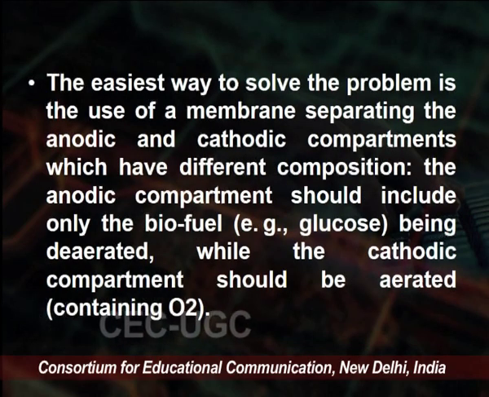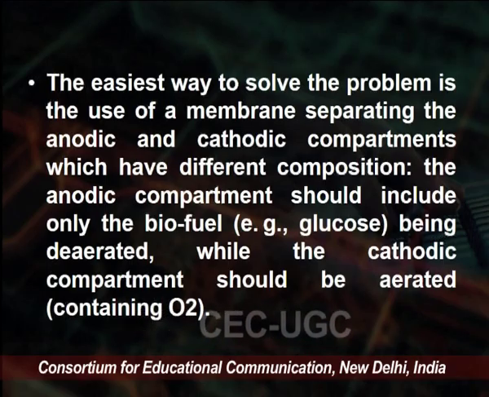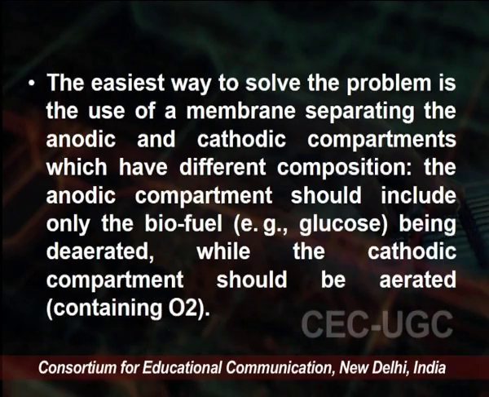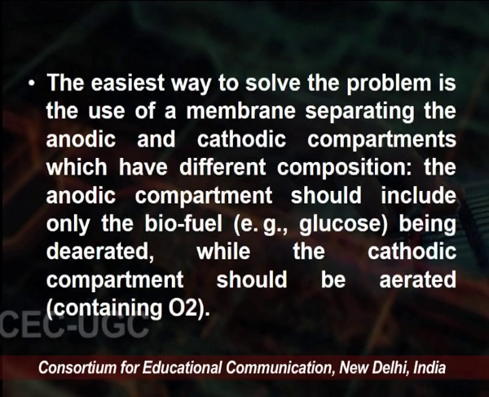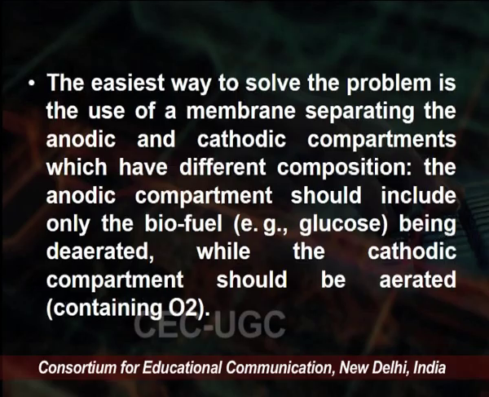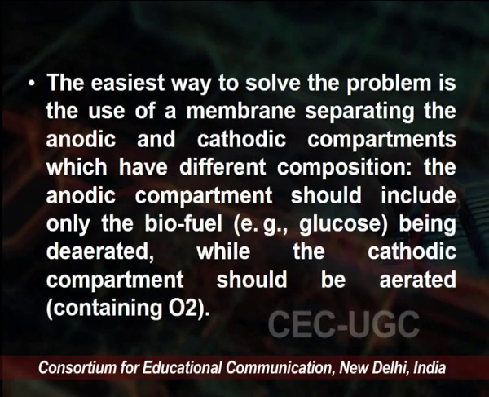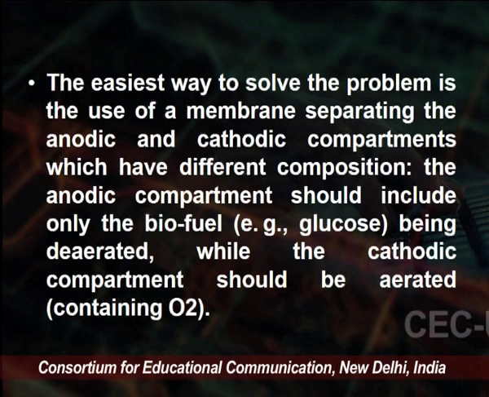The easiest way to solve this problem is to use a membrane separating the anode and cathode electrodes. The membrane is used in between the anodic and cathodic compartments, which have different compositions.